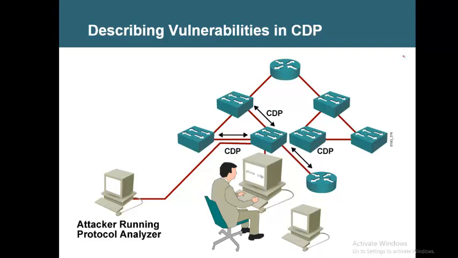So we have to trim the CDP wherever it is inappropriate. CDP is enabled always by default. Please understand. The CDP is enabled by default on all Cisco devices on all ports, which is very dangerous.